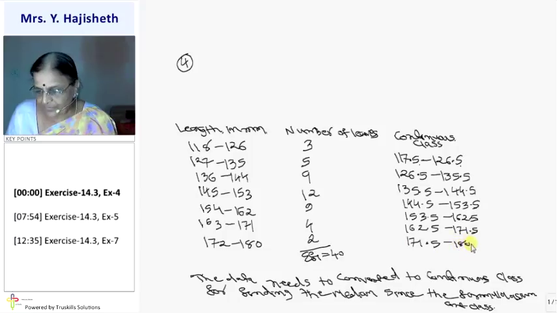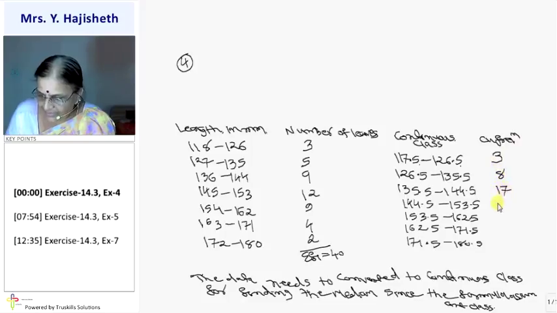The gap is avoided. And I should find the cumulative frequency, because for the median I require the cumulative frequency. Cumulative frequency is 3, 8, 17, 29, 34, 38 and 40.